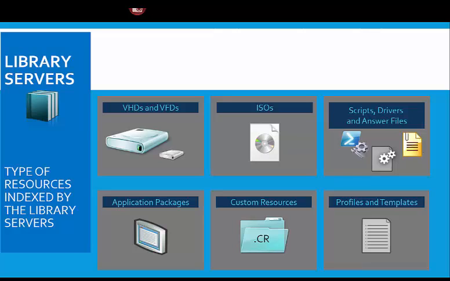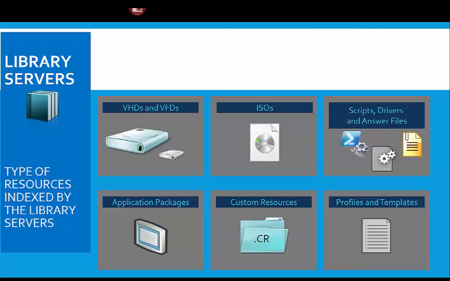A virtual machine manager library consists of entries stored in the virtual machine database and library servers that hold shared folders and resources, for example, templates and profiles, and equivalent objects. If you don't know what equivalent objects are, they're a group of library resources that tell SCVMM to consider them as one object. This avoids having more than one copy of the same thing, so it's kind of like a dedupe thing.